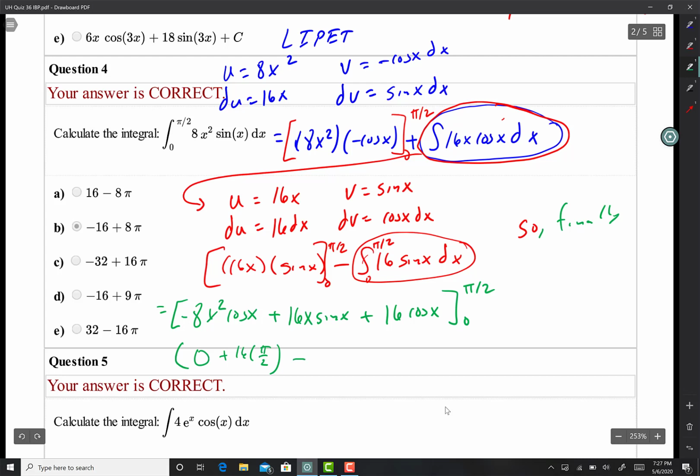And then cosine of pi over 2 is 0 again, so plus 0 minus, and then when I plug in the 0, cosine of 0 is 1, but I have an x squared there, so my first term right there is going to be 0 again because of that x squared there. So 0 plus 0, and then that looks finally like plus 16. So my final answer, let's see, 2 goes into 16 8 times. So it looks like it's going to be 8 pi minus 16.